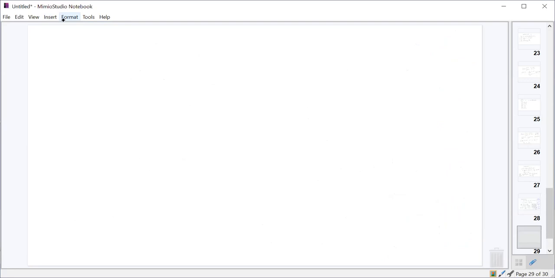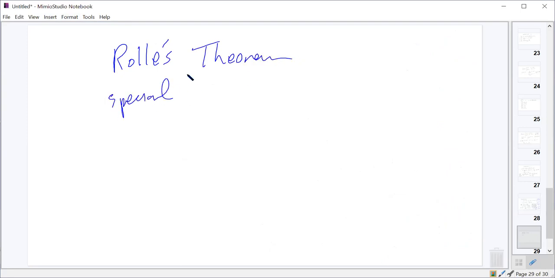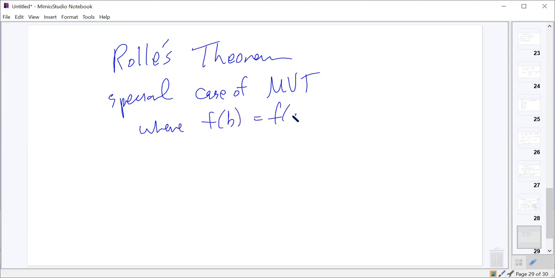Okay. So, mean value theorem, intermediate value theorem we did, extreme value theorem we did, and no other. Oh, the only other thing would be they might just use the term Rolle's theorem, and we would just note that Rolle's theorem is just a special case of the mean value theorem, where f of b equals f of a.